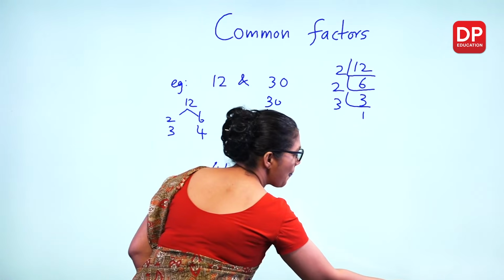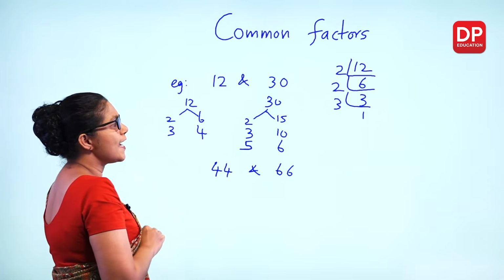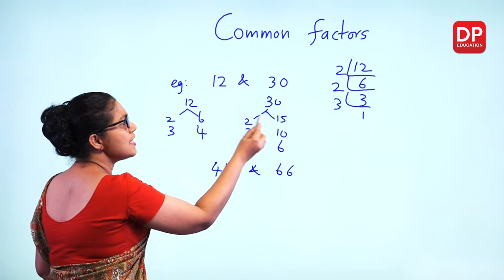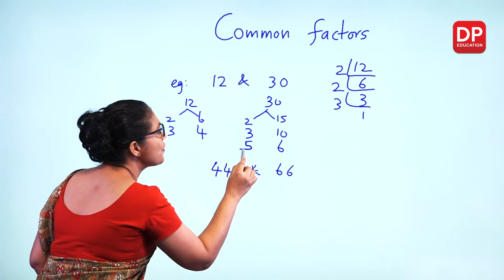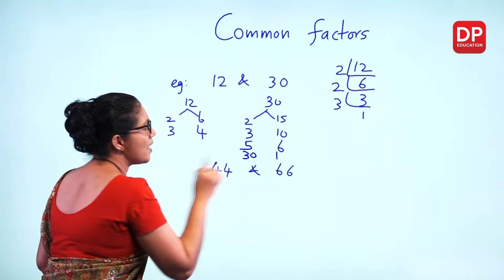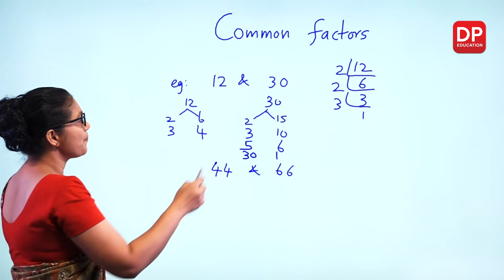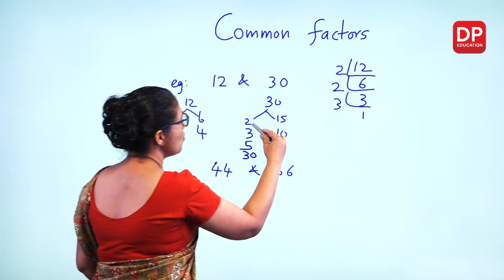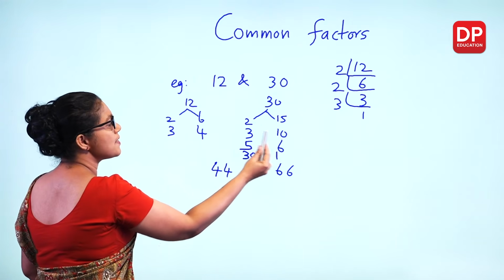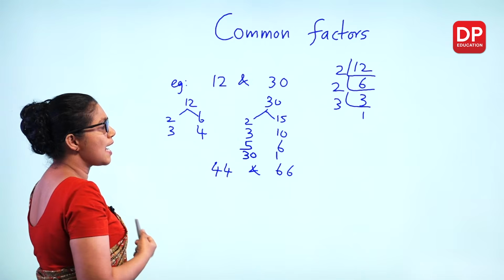What else? What are the other factors? 15 we already took. And what about 30? 30 times 1. So the factors can be written as 2 times 15, 3 times 10, 5 times 6 or 30 times 1.